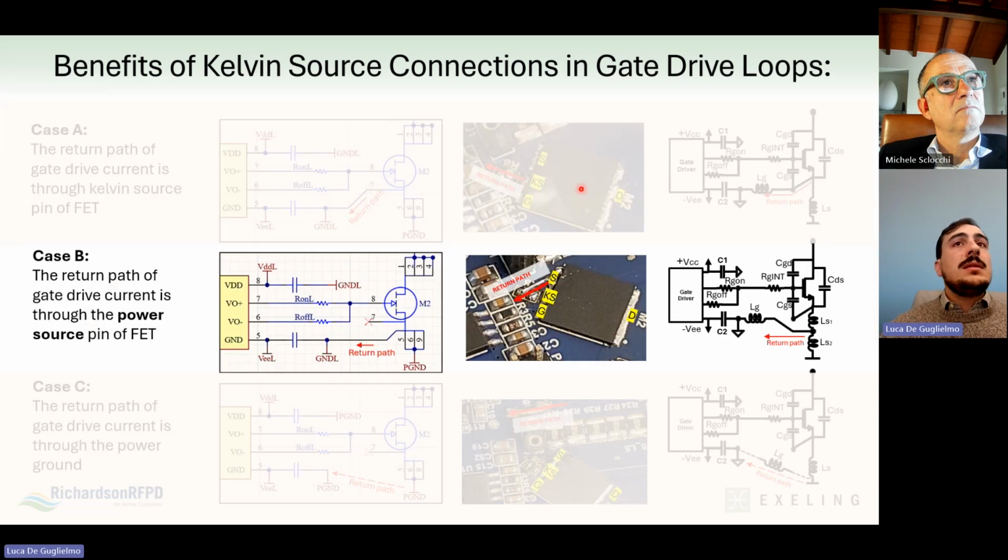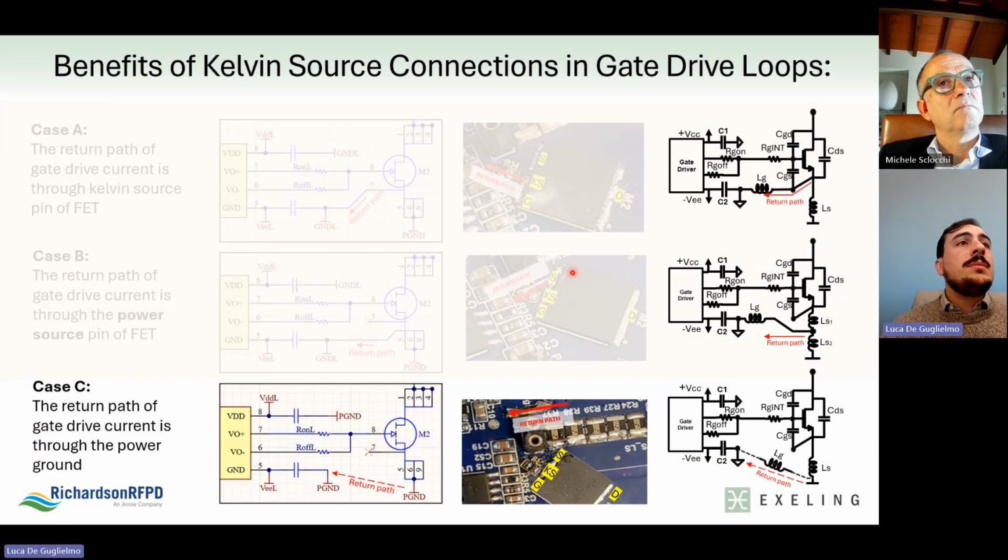In the test in the middle, just for comparison purpose, I disconnected the Kelvin source and used the power source pin of the GaN. And on the bottom, I don't even use the dedicated gate return path and just going through the power ground plane.